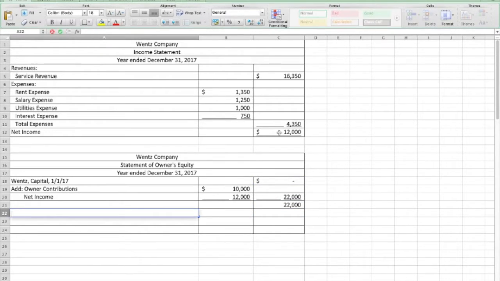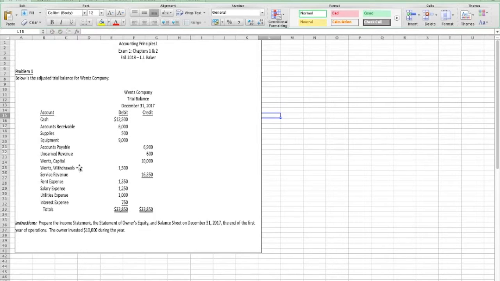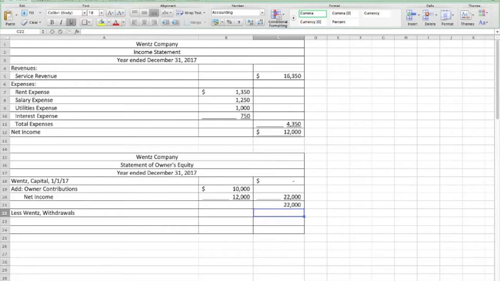Finally, I just want to say that I need to subtract something. I need to subtract Whence's withdrawals, or you could say owner withdrawals, that'll work as well. If I look back here at my problem info, Whence withdrawals right here were $1,500. Now because I'm using that word less, remember I want to put those $1,500 of withdrawals in parentheses as a negative number.